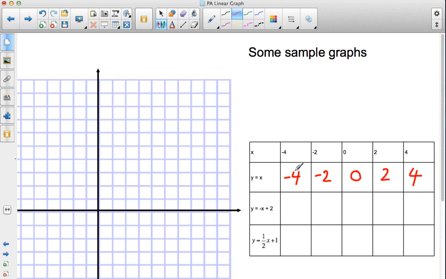So that means if I'm plotting these points, let's see, -4, -4, 1, 2, 3, 4, 1, 2, 3, 4. I'm over here, -2, -2, still in the third quadrant, 0 and 0. +2, +2, +4, +4.